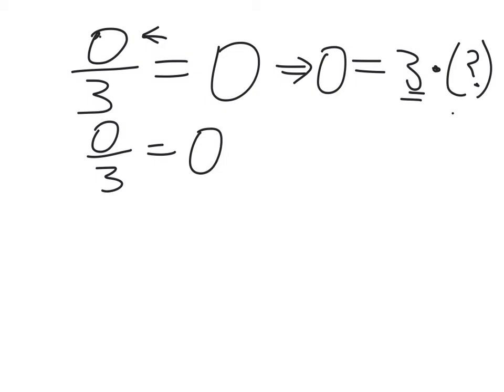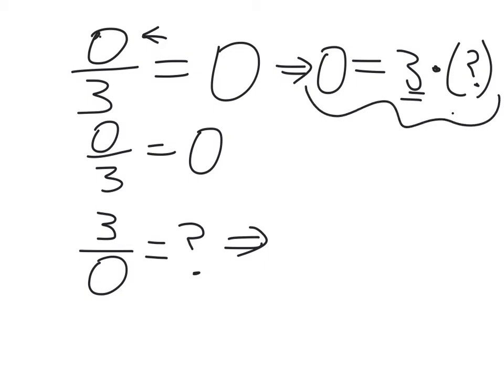But what about 3 divided by 0? Thinking about it this way, we're really saying 3 equals 0 times what? And right, there's nothing that we can multiply by 0 to get us 3. Or technically we should say there's no real number.